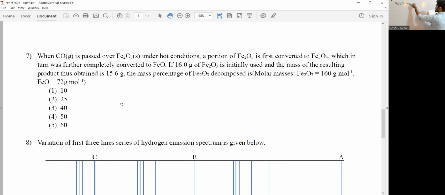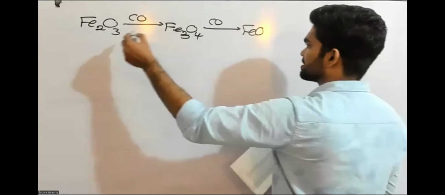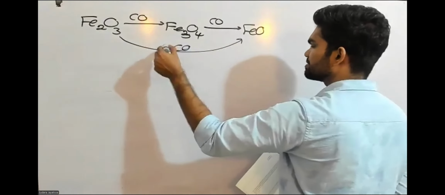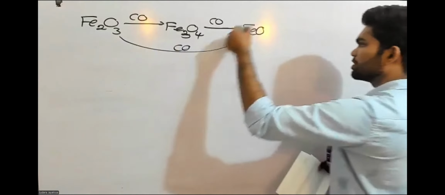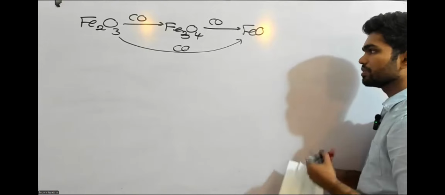Then when you continue to pass carbon monoxide, it is going to convert it to FeO. That's what they are telling. So basically, you can skip this Fe3O4. What's the purpose of having that? No? You can just skip that one. So you can say directly, when you use carbon monoxide in excess, Fe2O3 will go to FeO.